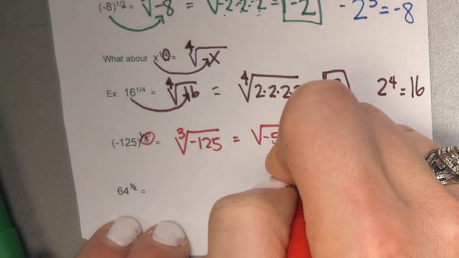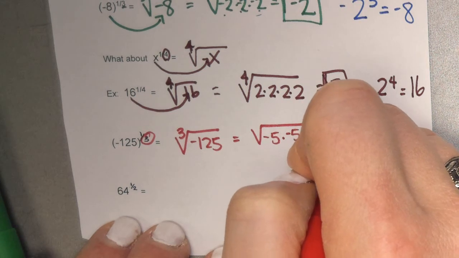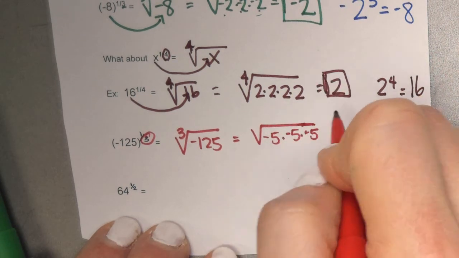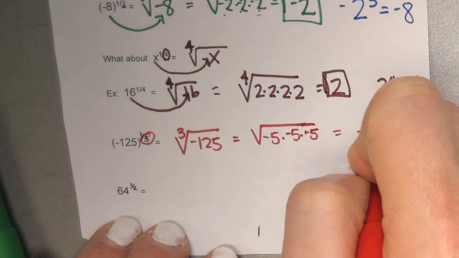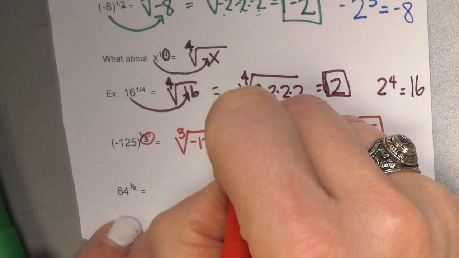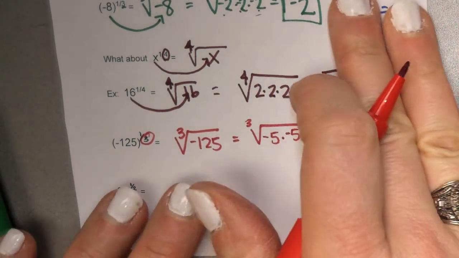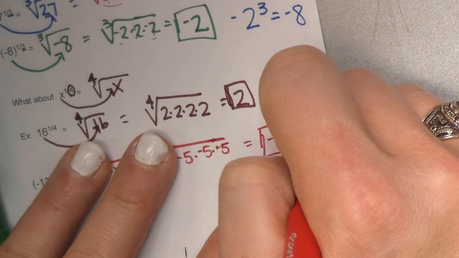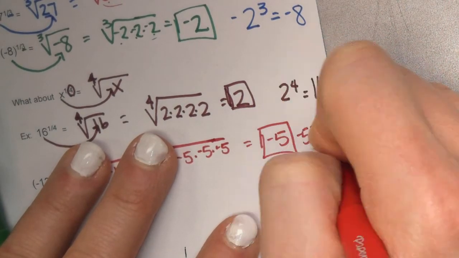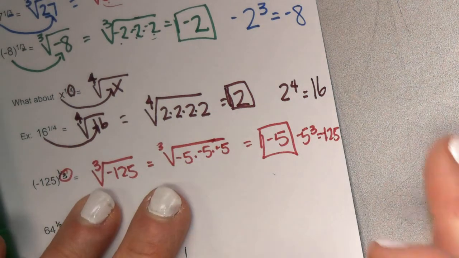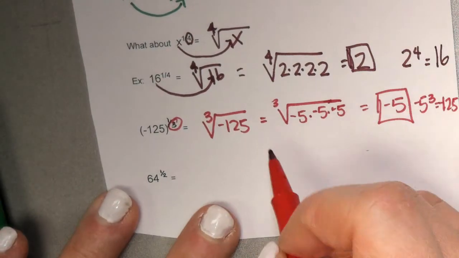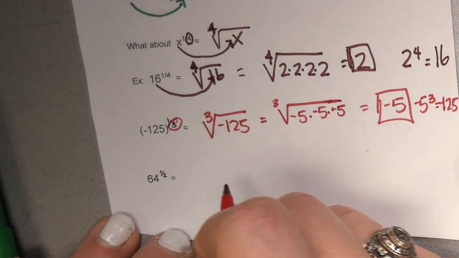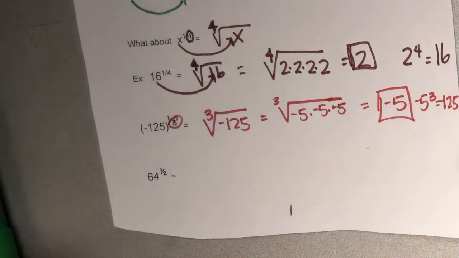Negative 5 times negative 5 times negative 5 equals negative 125. So our answer is negative 5. And that was on a cube root. We got that. And we could check that with negative 5 cubed is negative 125. Okay. Last practice one here is 64 to the 1/2.